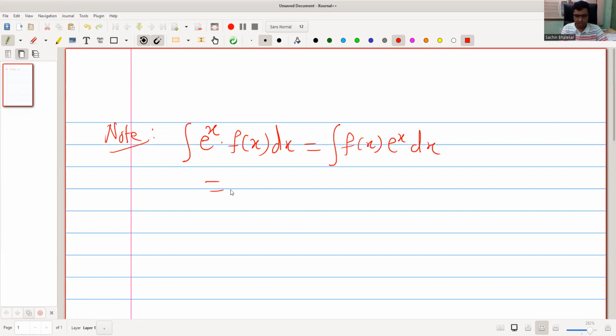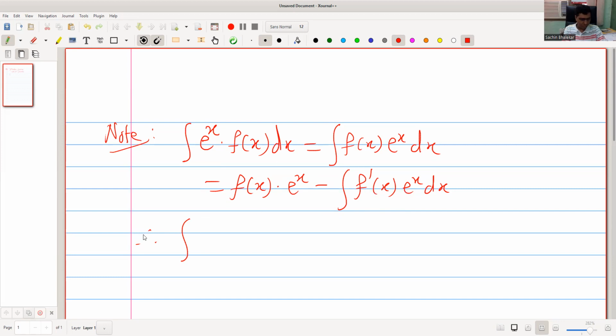So that this is first function, integral of second, minus integral derivative of first function, integral of second, dx. Okay. So if we add integral f dash of x e raised to x dx on both sides and use linearity, then we get integral e raised to x f of x plus e raised to x f dash x.